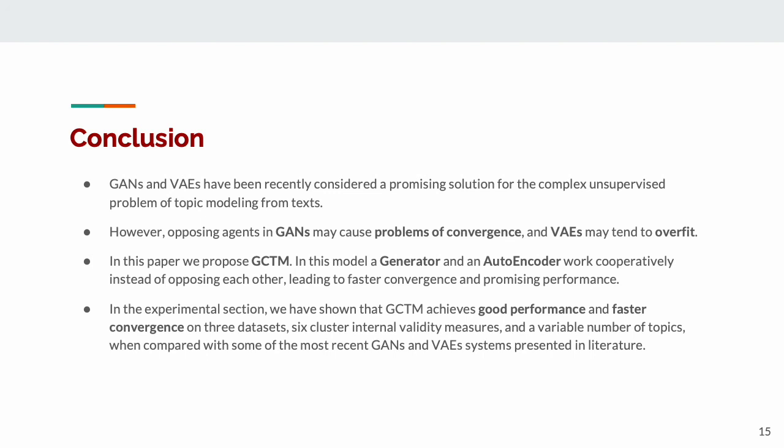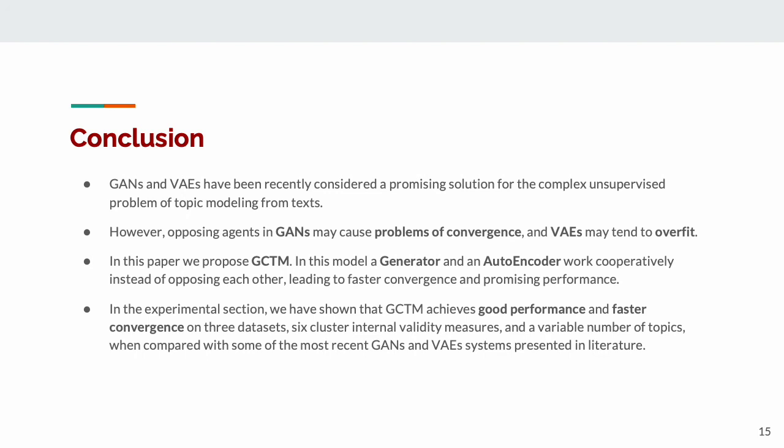In this paper, we propose generative cooperative topic modeling. In this model, a generator and an autoencoder work in a cooperative way instead of opposing each other. This allows us to achieve faster convergence and promising performance.